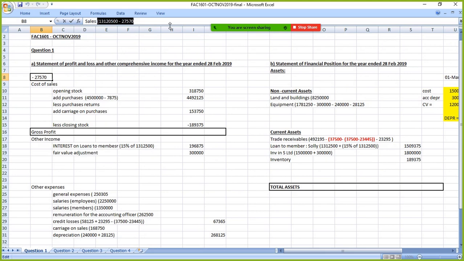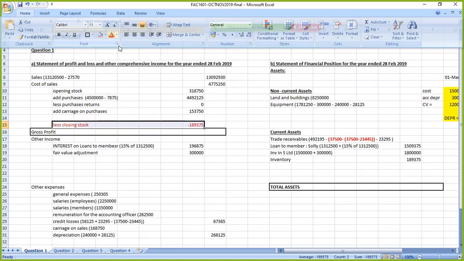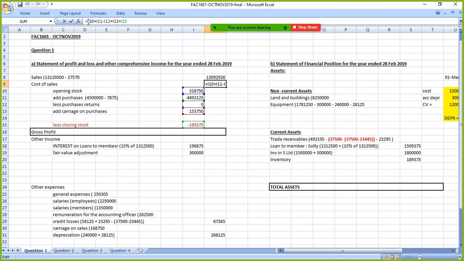So to get your disclosure marks, you have to obviously tally up. Opening stock, no returns, so we've got everything out. Opening stock plus purchases, less 0 returns, plus carriage, minus the closing gives you that figure. That figure is obviously going to be a negative, so in brackets.